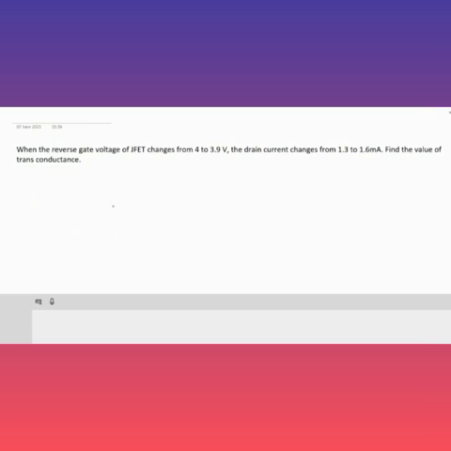When the gate reverse voltage of JFET changes from 4 to 3.9 volt, here they have given a change in your reverse gate voltage. The drain current changes from 1.3 to 1.6 milliamps. Find the value of transconductance. So they have asked you to find your gm value. It's very simple. My reverse gate voltage is nothing but VGS.